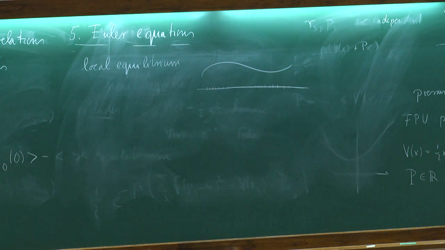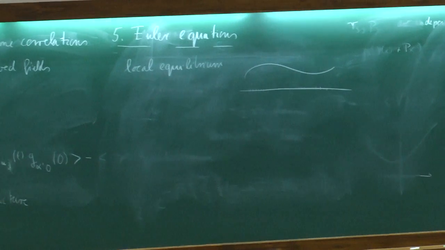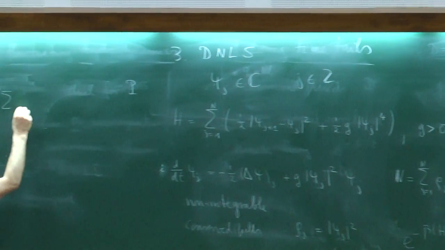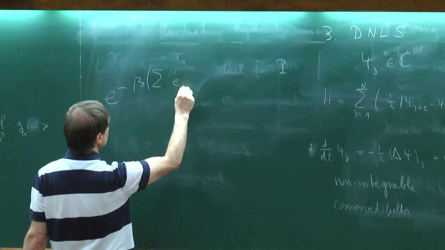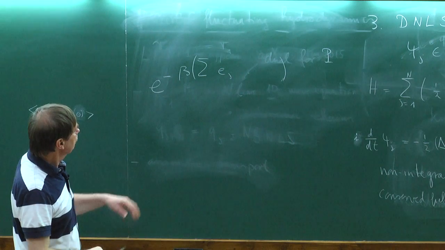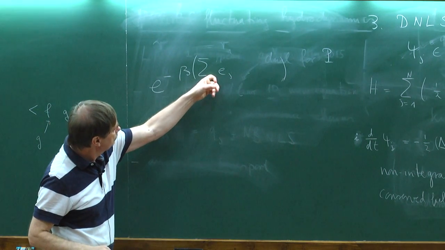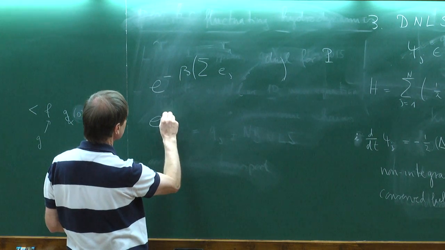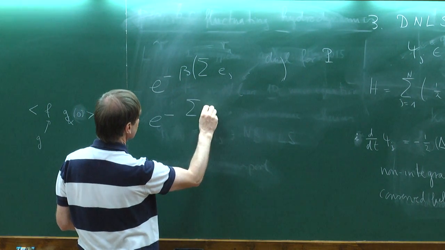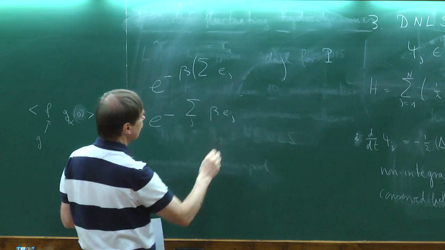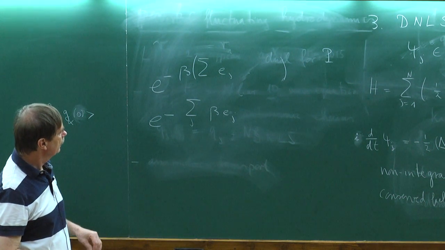So I wrote e to the minus beta times the summation of all these terms here: the energy and all the other ones, the pressure. Now simply assume that you push the beta into the sum. You do this for all fields, but let me just do it for the beta. Of course I can write this as the sum over j of beta times the local energy. That's fine, I haven't done anything.